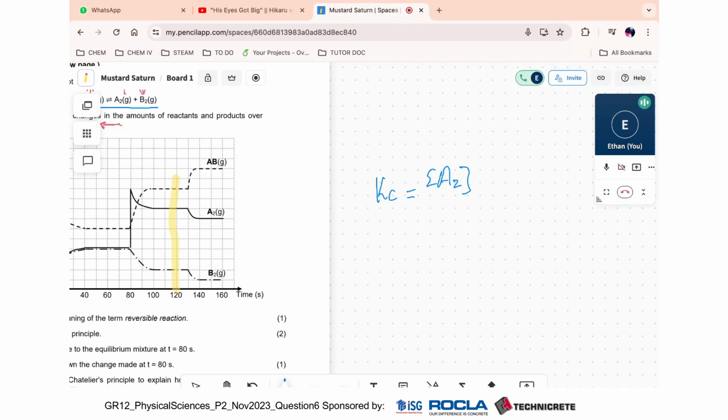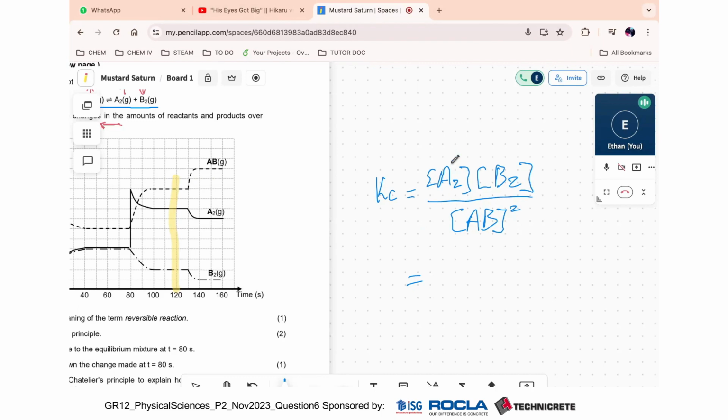We don't put it as an exponent. However, as you'll see when we get to AB, because AB had the 2 in front of it, so it was a stoichiometric coefficient, it then becomes an exponent in our expression.